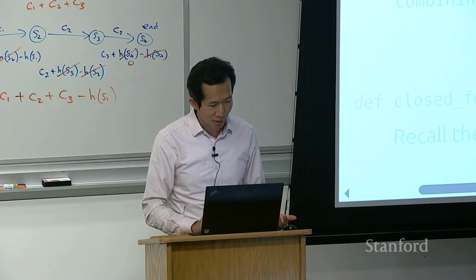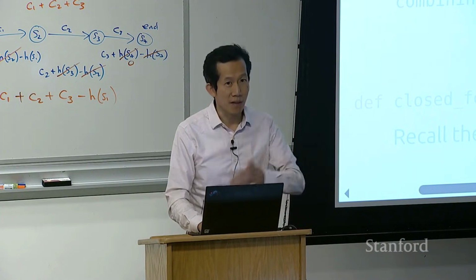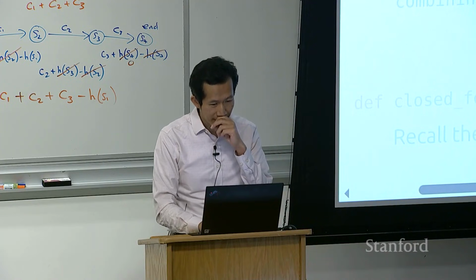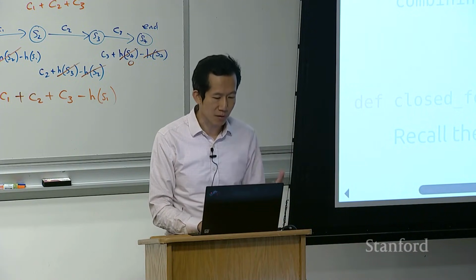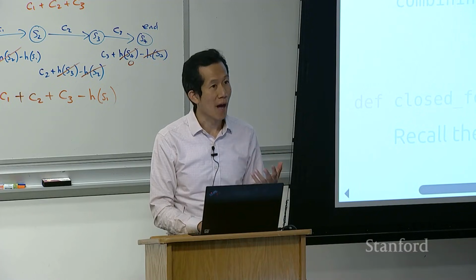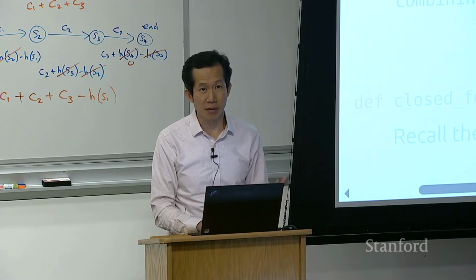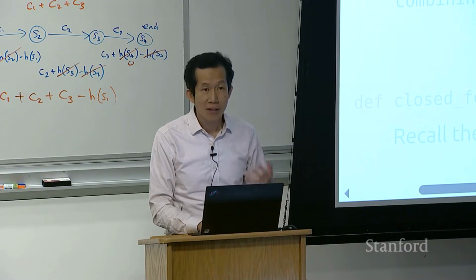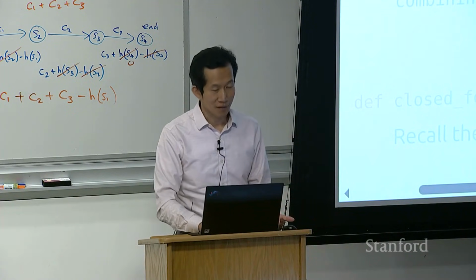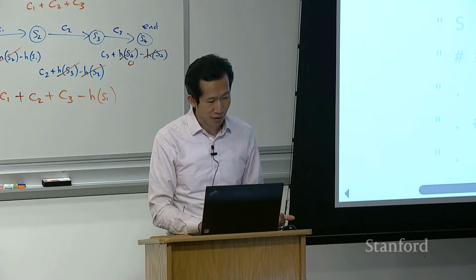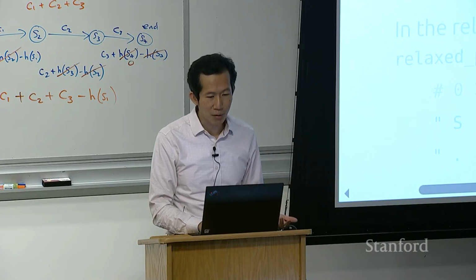Okay, so what is a relaxed problem? I'll give you some examples and then I'll generalize. So first I'll talk about it through the lens of how a problem becomes easier to solve. There are some cases where it actually has a closed form solution. Okay, so remember this grid problem where you're trying to go from S to E. Well, how do you relax it?